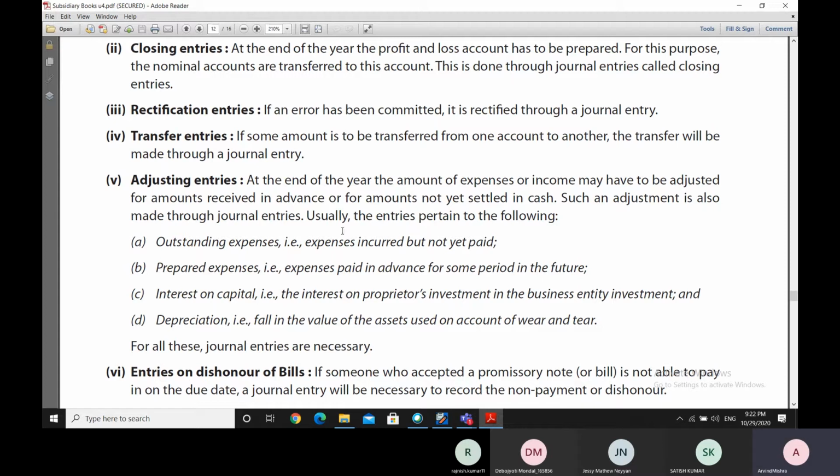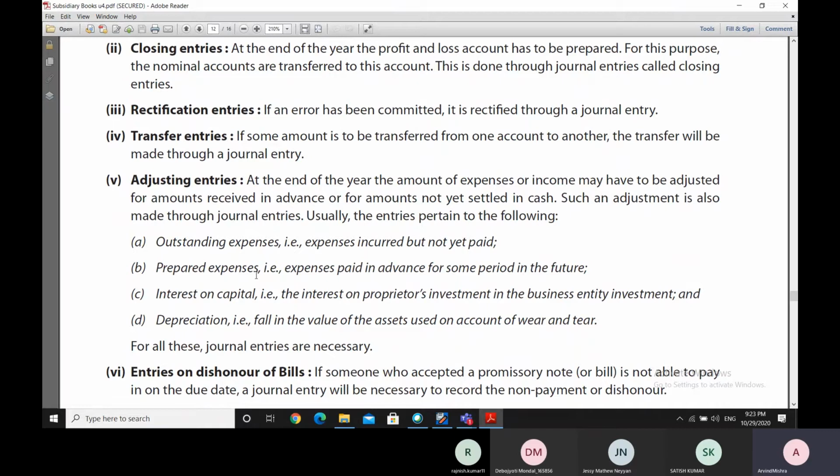These adjustment entries could also be interest on capital, that is, interest which the business pays to the proprietor on the proprietor's investment in the business. And then there will be an adjustment entry in the form of depreciation, the fall in the value of assets which are used in the business, and this depreciation is normally entered into the books on account of wear and tear.